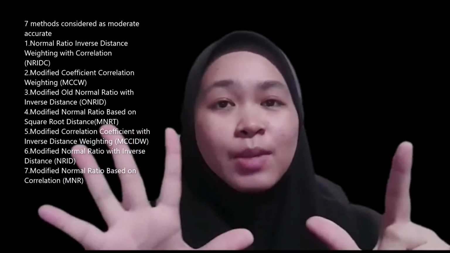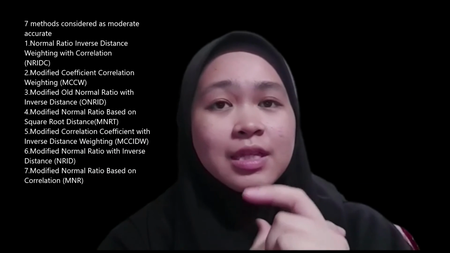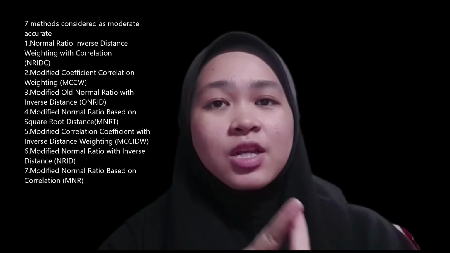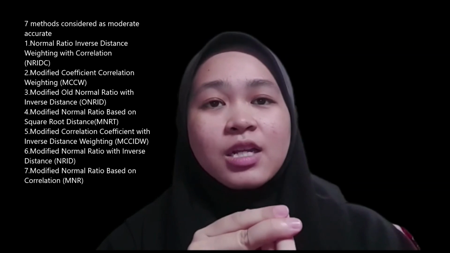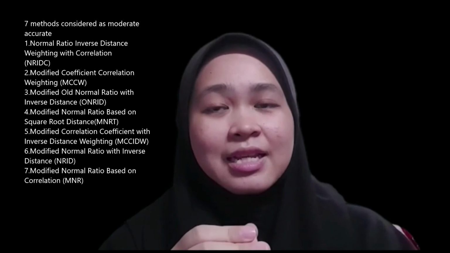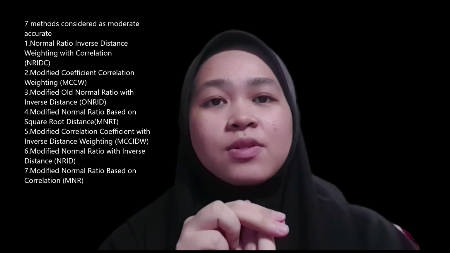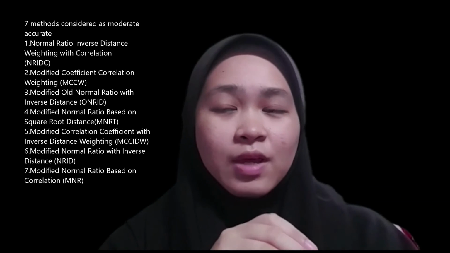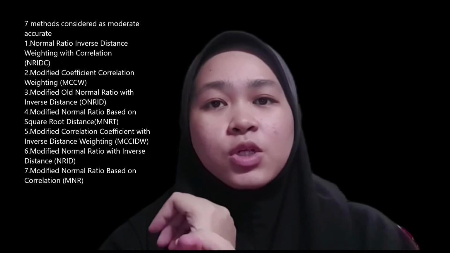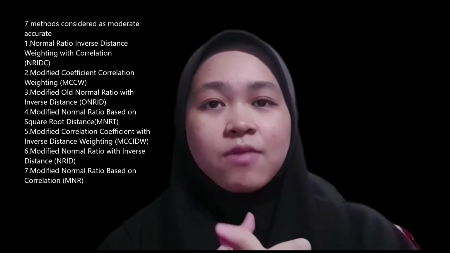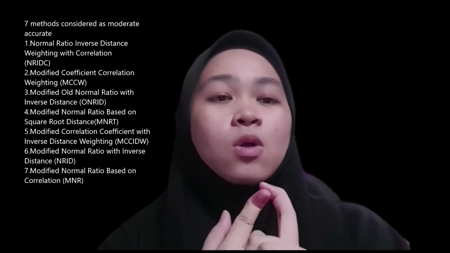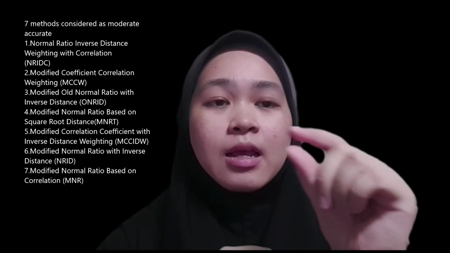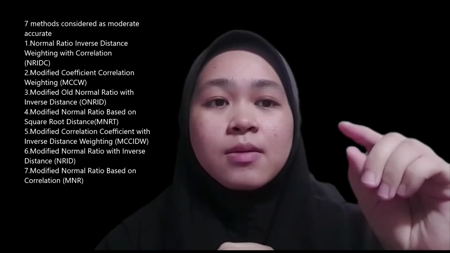We have 7 methods: normal ratio, inverse distance weighting with correlation, modified coefficient correlation weighting, modified normal ratio with inverse distance, modified normal ratio based on square root distance, modified correlation coefficient with inverse distance weighting, and lastly modified normal ratio based on correlation. They differ slightly at the end of the decimal places.